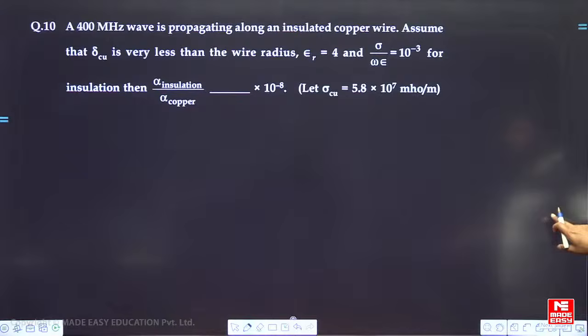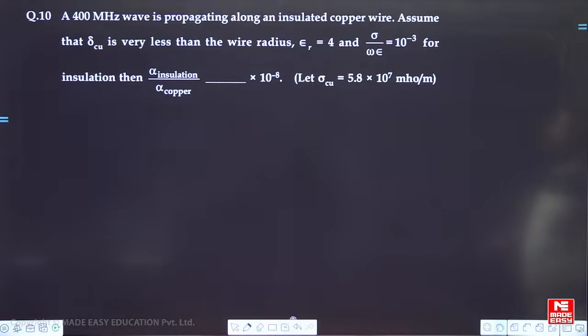Try this. Question number 10. A 400 megahertz wave is propagating along an insulated copper wire. Assuming that the skin depth of copper is very less than the wire radius, epsilon r is equal to 4 and sigma upon omega epsilon is equal to 10 to the power minus 3 for insulation, then alpha of insulation upon alpha of copper will be how much into 10 to the power minus 8.